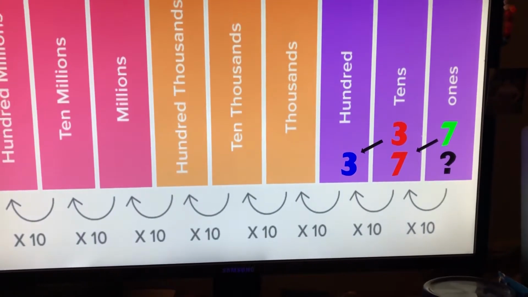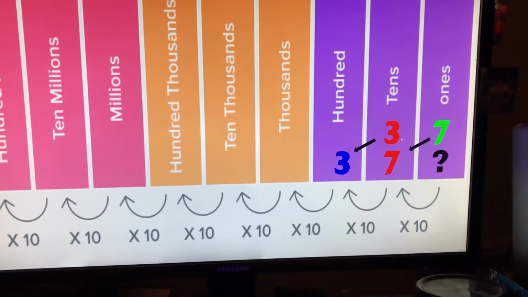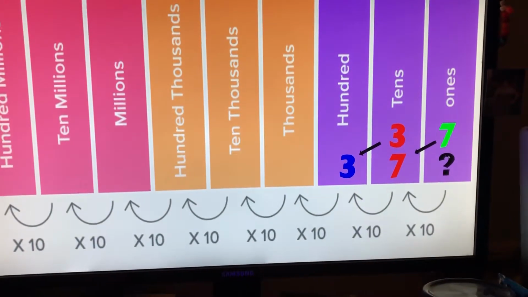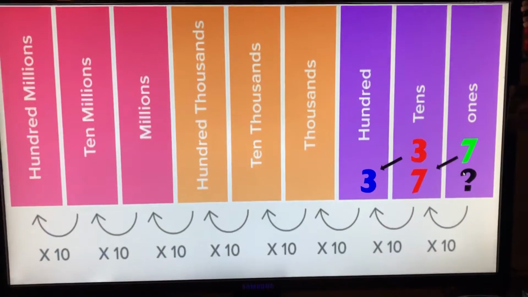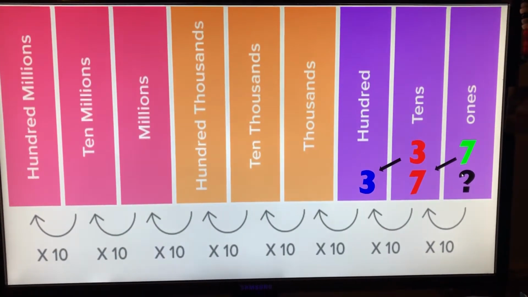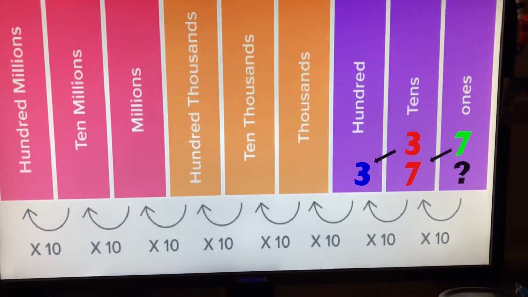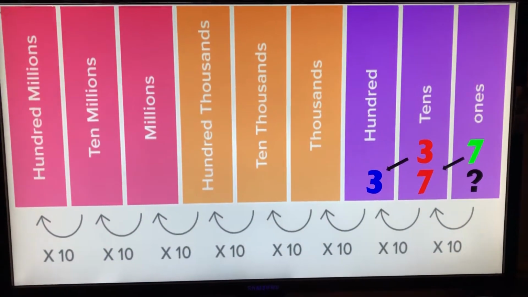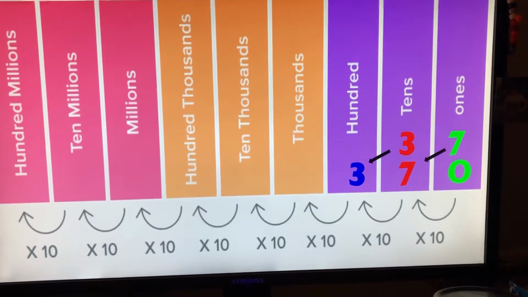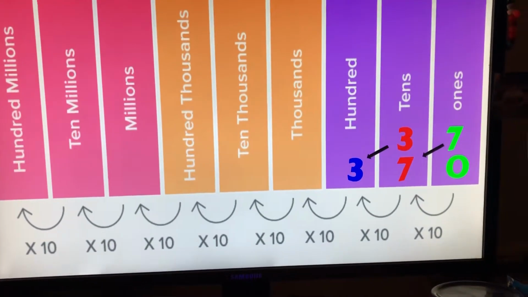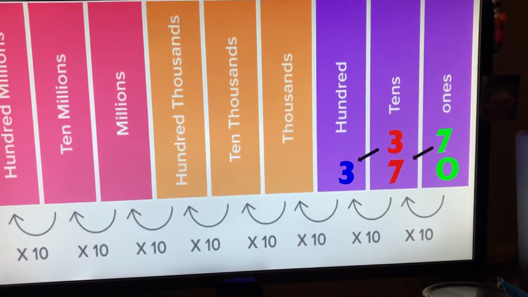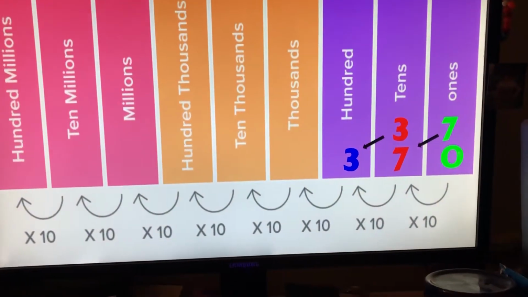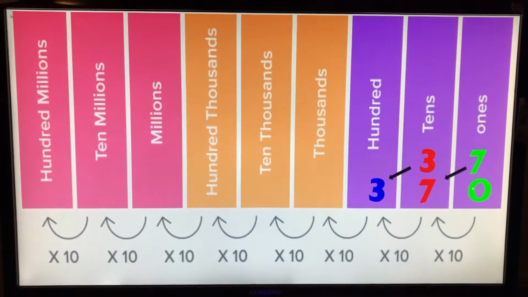But if you're moving the 3 into the hundreds and the 7 into the tens, what happens with this question mark? We can't just leave it blank. So what number represents nothing? 0. So our 0 is our placeholder. When we times by 10 and we're jumping over that one line with each number, our placeholder becomes a 0.